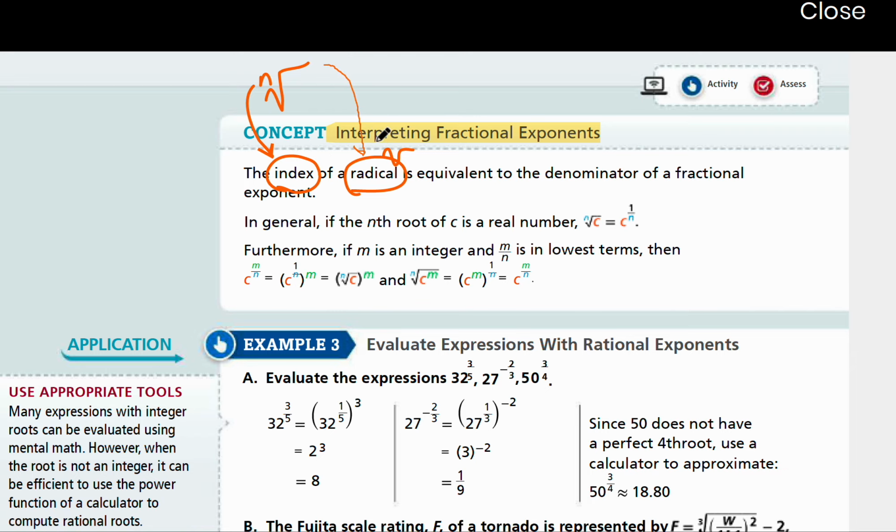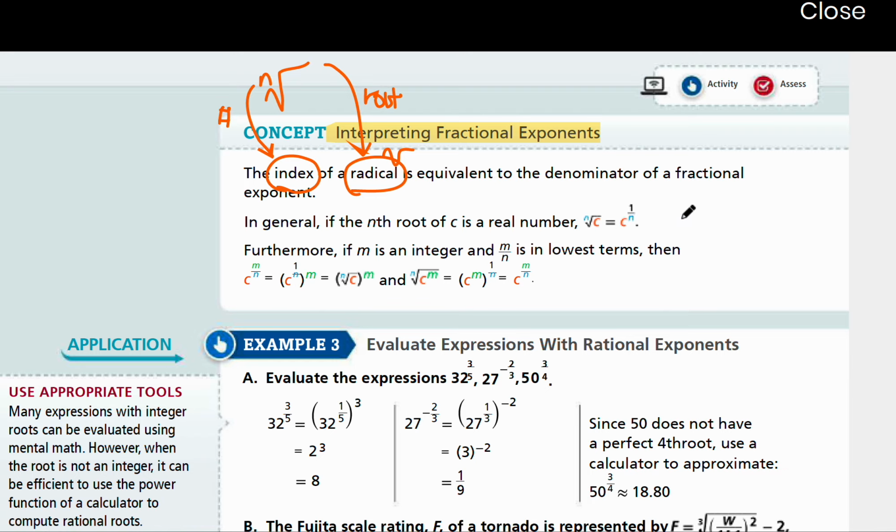The radical symbol is the root symbol. So the index is equivalent to the denominator of a fractional exponent, which just means you have a fraction in your exponent power.